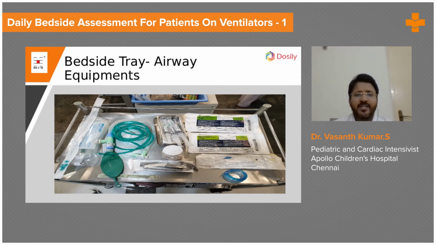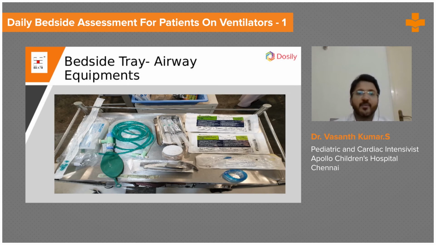And all intubated patients should have this bedside tray, which includes first a suction catheter for the oral cavity and a separate suction catheter for the ET tube. And this is called a Bain circuit or Jackson-Rees anesthetic circuit. Some people may not have this. Instead, you can use an ambu bag.